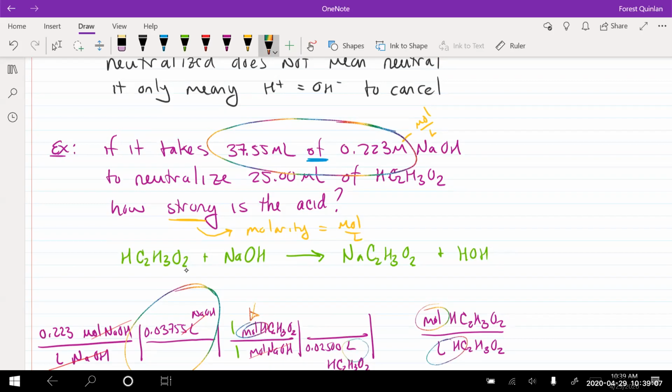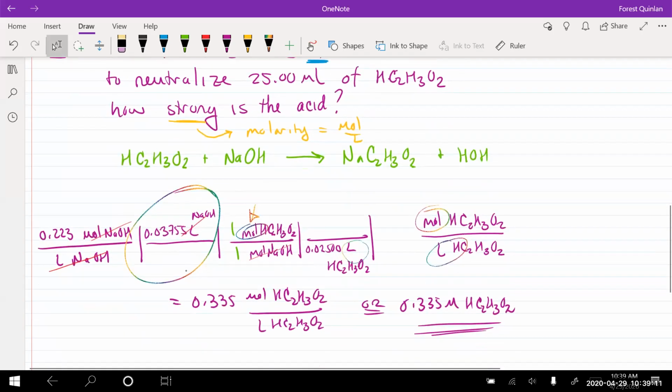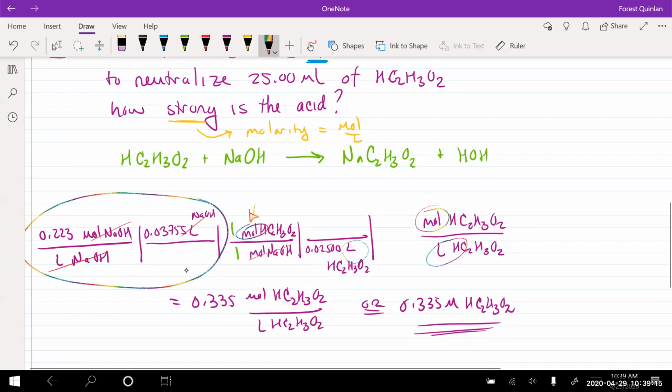If I just multiply these guys right there, all I'm going to do is get rid of my liters and be left with moles. I have now converted molarity to moles. That's all I'm doing. If that's all I have to do, then I don't need anything underneath that calculation.